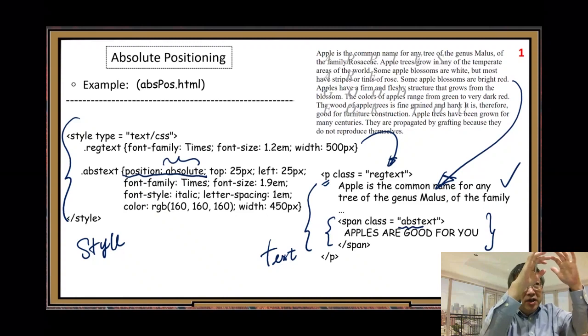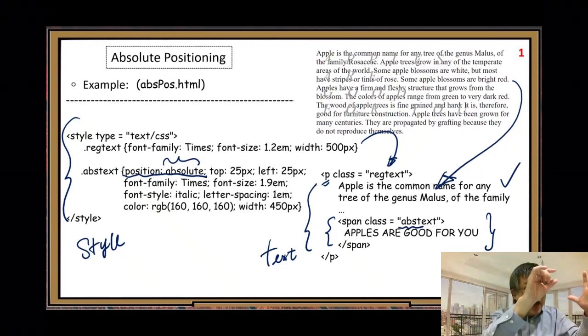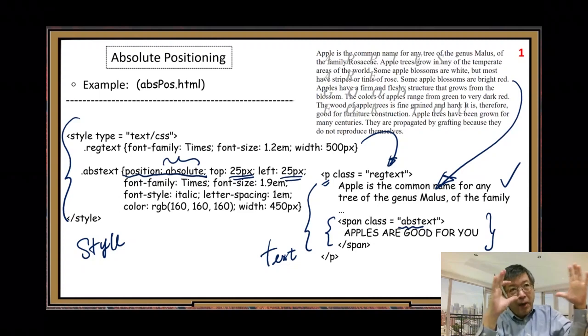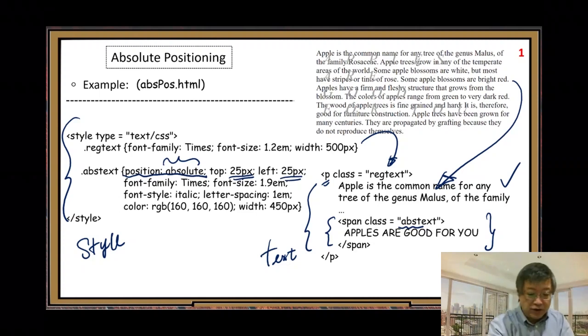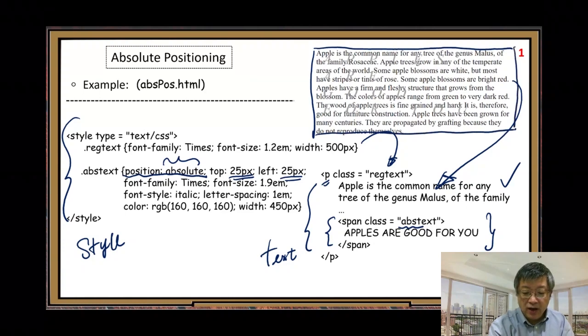Based on that location, we set top 25 pixels, left 25 pixels. With respect to the box of the closest ancestor element, top 25 pixels away from the top, left 25 pixels from the left.